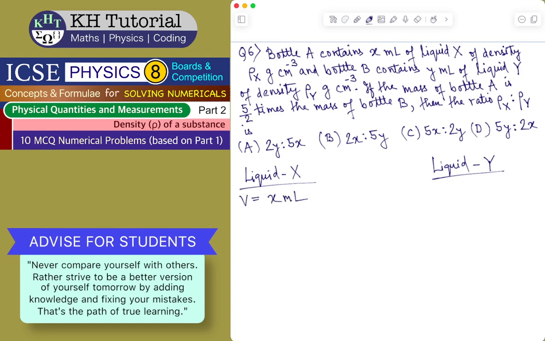Now since the density is given in gram per centimeter cube, we have to convert ml to centimeter cube. We know that 1 ml is 1 centimeter cube. So this will be X centimeter cube.